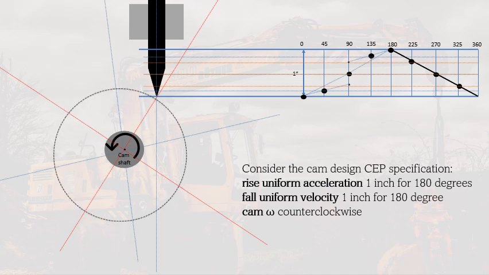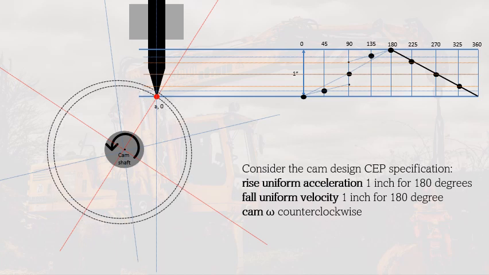So as you can see, then we're going to draw the first concentric circle that would touch the knife edge, and then we can locate already the first or initial point. So that is for 0 degrees. For 45 degrees, we're going to draw the concentric circle that would touch the horizontal line for 45 degrees, as you can see, to this follower axis.